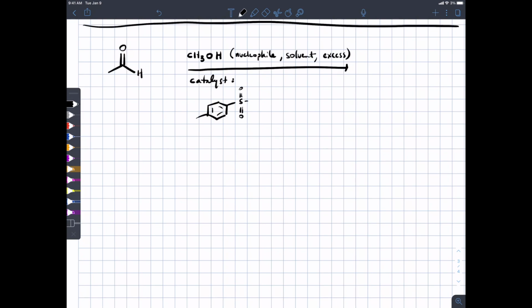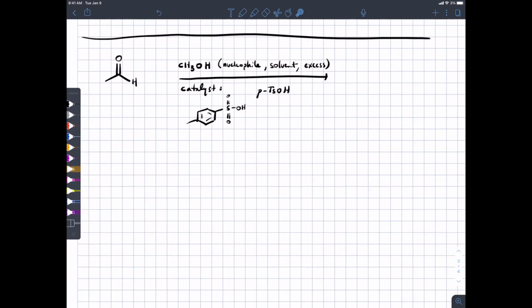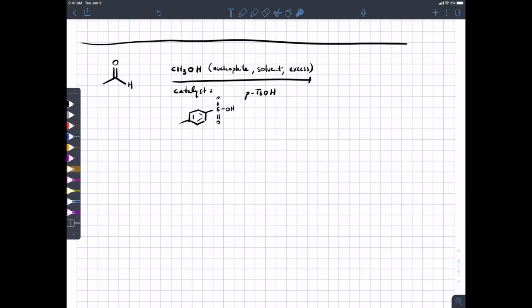para-toluene sulfonic acid, or just TsOH. This is basically an organic soluble sulfuric acid. We're going to use this as our catalyst. It's only present in a small amount. The product from this reaction is going to, instead of being a hydrate, be a gem diether.